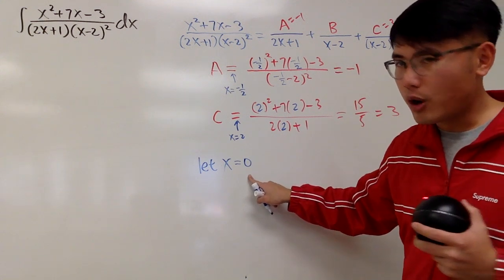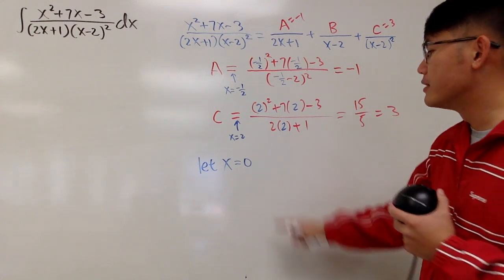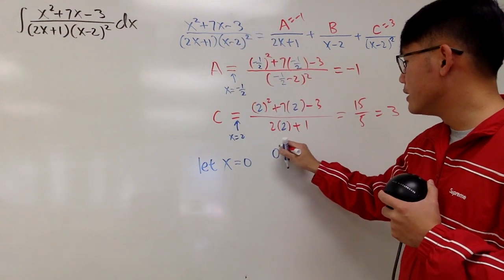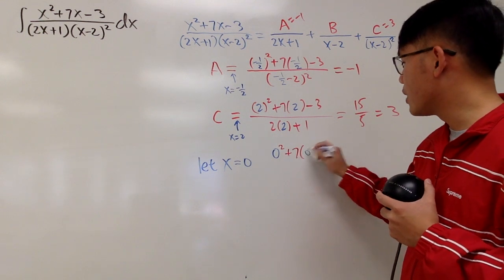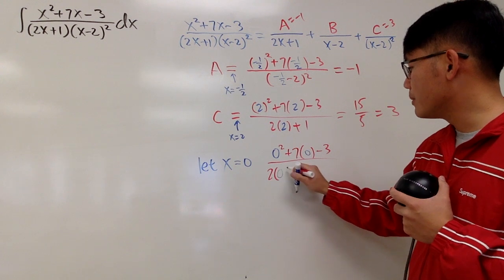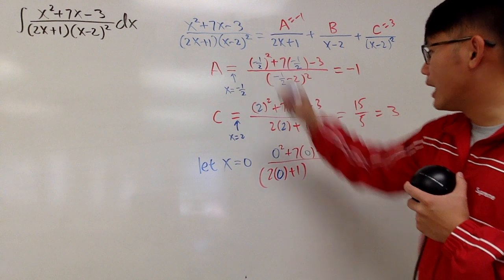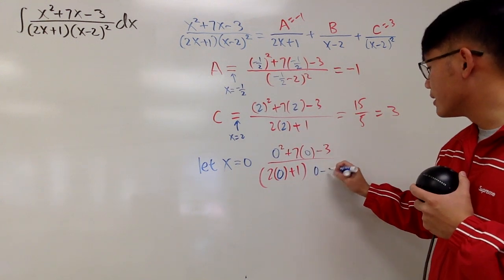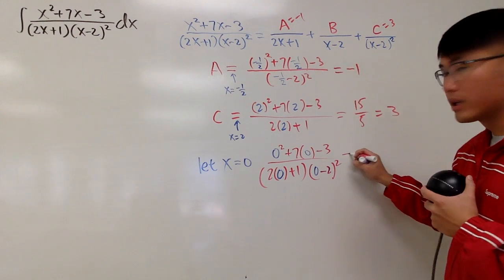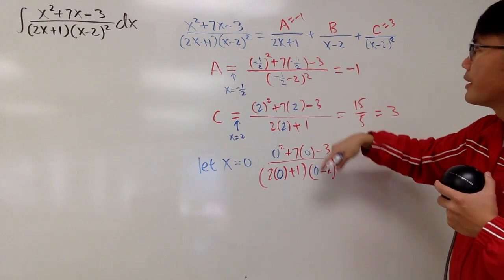I was just putting 0 into all the x, and in this case, nothing is being covered up, okay? So putting 0 into all that, we will have 0 squared plus 7 times 0 minus 3 over 2 times 0 plus 1, and then you have to do 0 minus 2 and then square. And don't forget to put 0 into this right here as well.